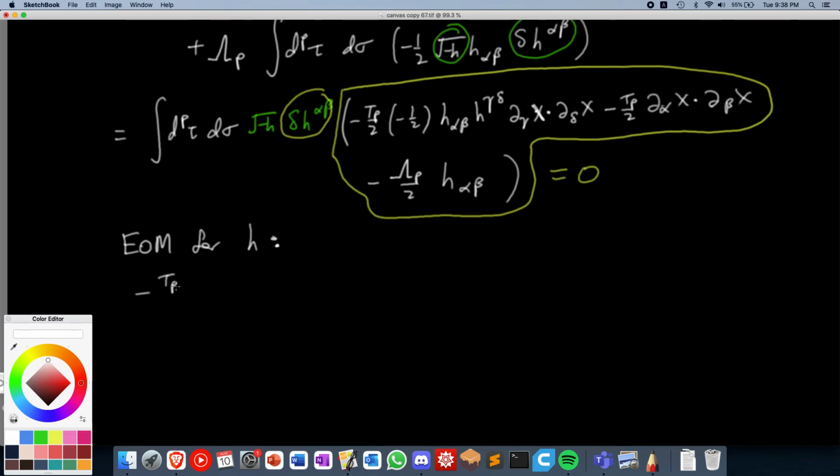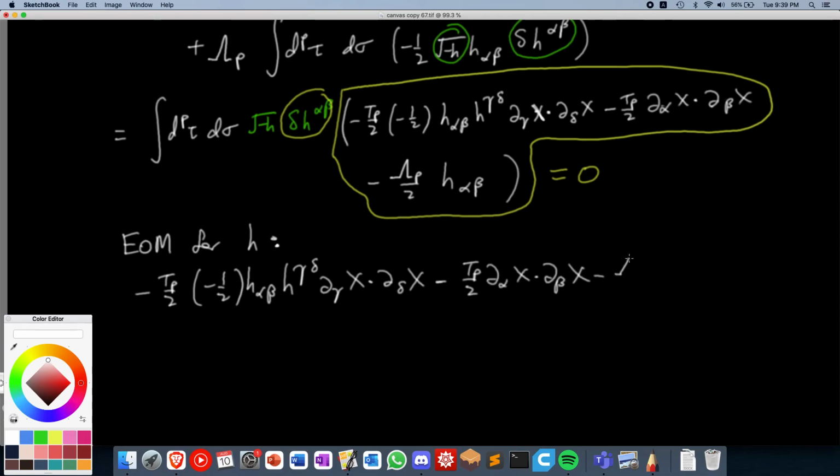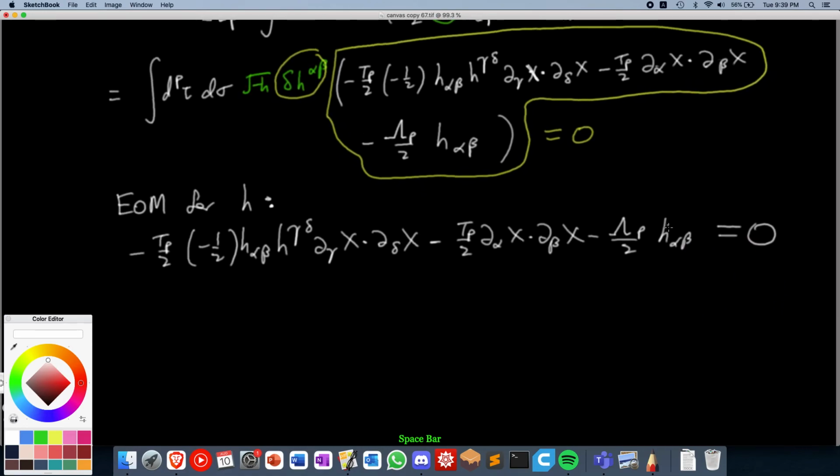So minus Tp over 2 minus half equals 0. So just check the indices, they make sense. Yes. Okay, so now there's a bunch of halves that we can get rid of. There's a half here, a half here, and a half here.